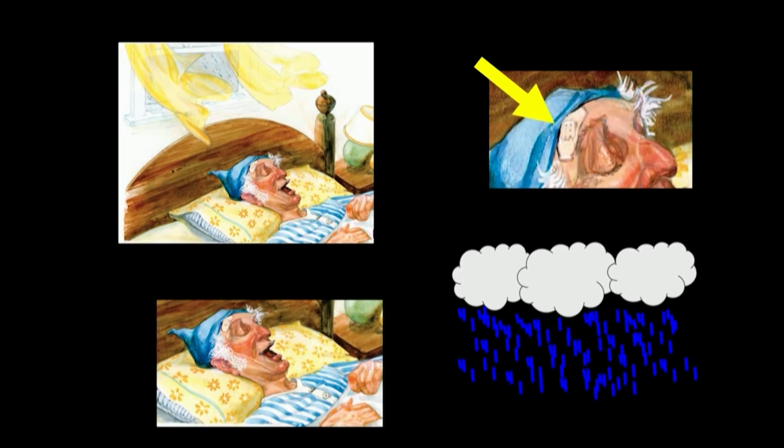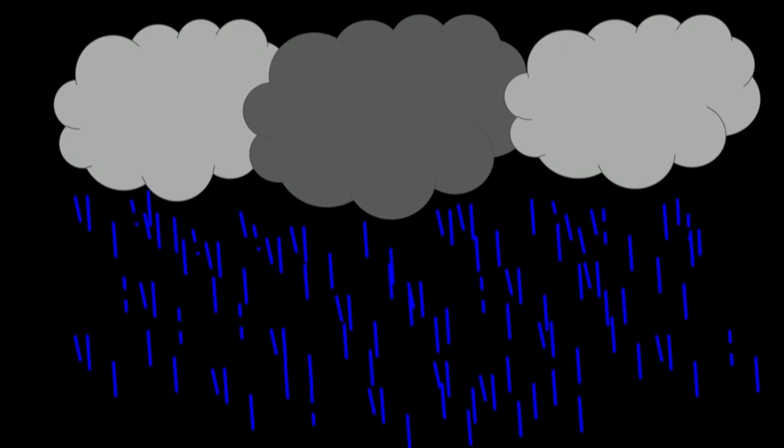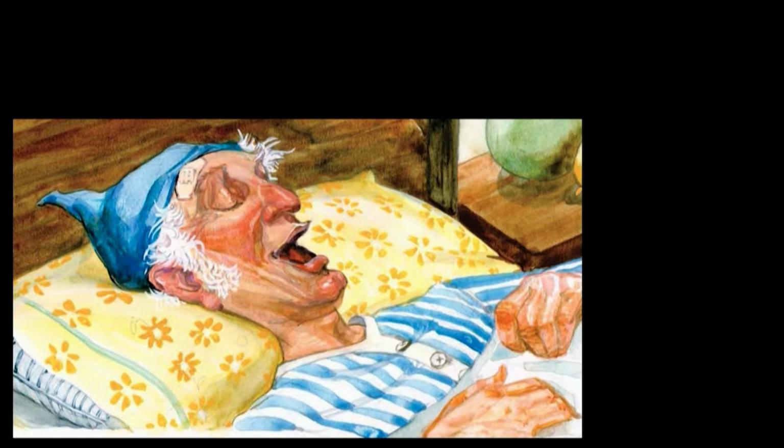Now think back to the nursery rhyme. What happened first in the rhyme? Yes, it was raining and pouring. So we'll have to do that one first. Let's think what happened next. Oh, the old man is snoring. Here's the picture of him snoring.